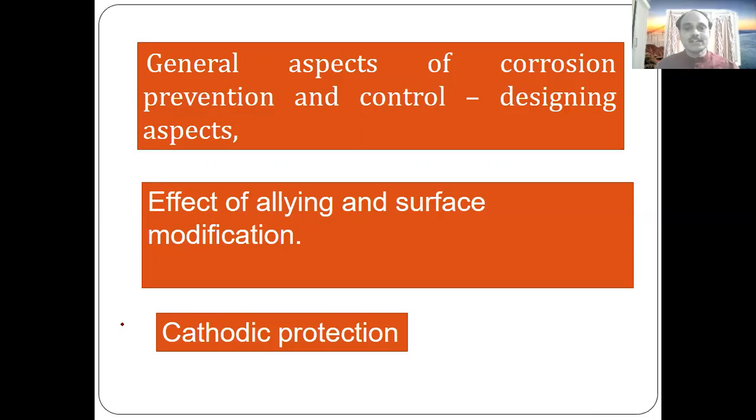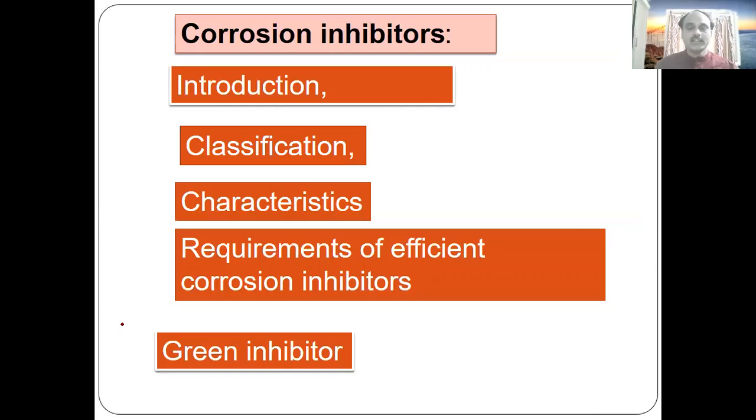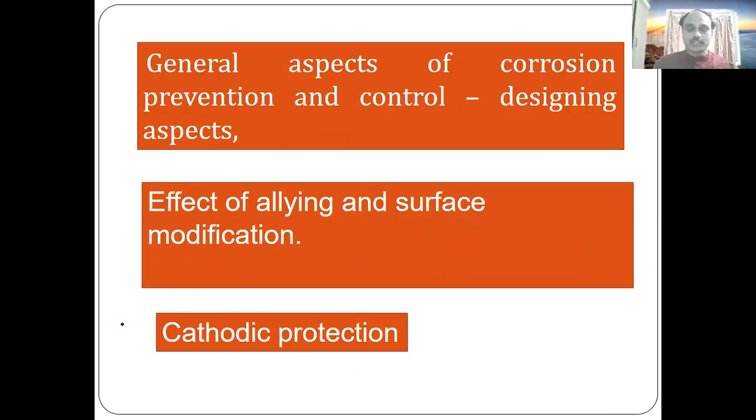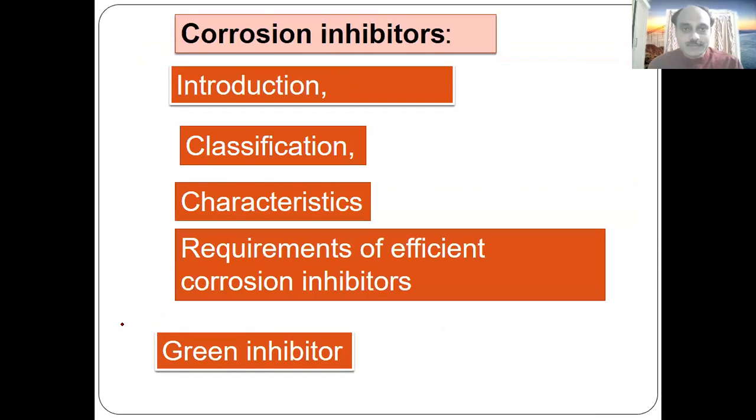In surface modifications, we have cathodic protection. This cathodic protection will reduce the rate of corrosion. There is also anodic protection, which we are going to study. And corrosion inhibitors: while corrosion is taking place, by adding some additives we can prevent the corrosion.